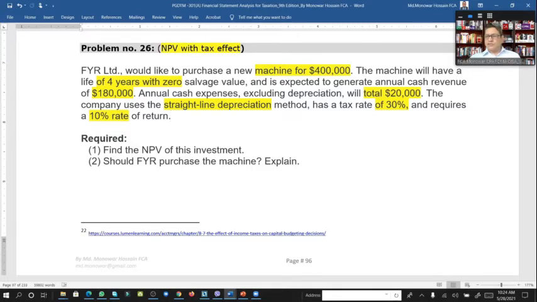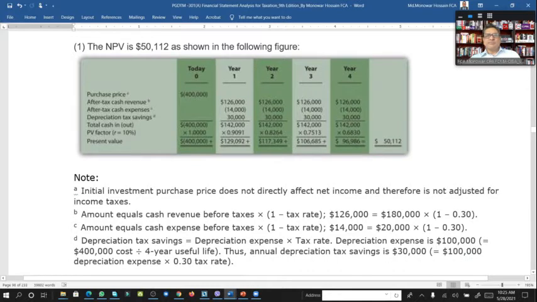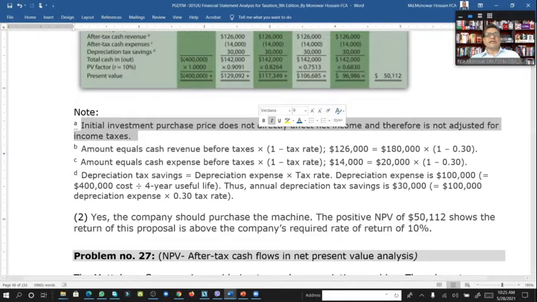So now if we go for the NPV calculation, in year 0, the first year, we purchase the 4 lakh machine. The initial investment purchase price does not directly affect the income and therefore is not adjusted with the income tax.